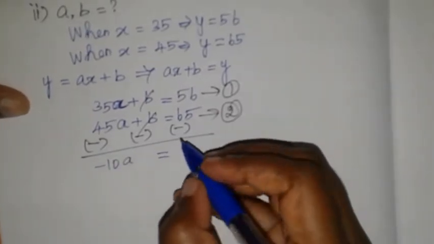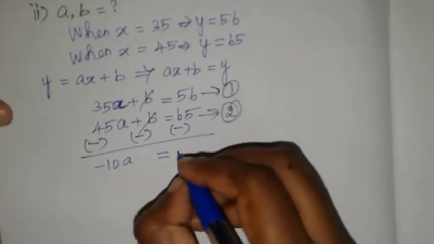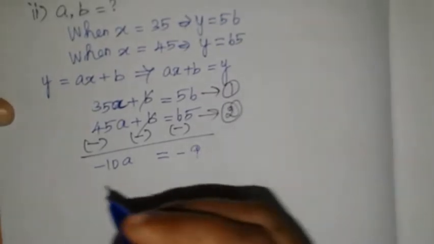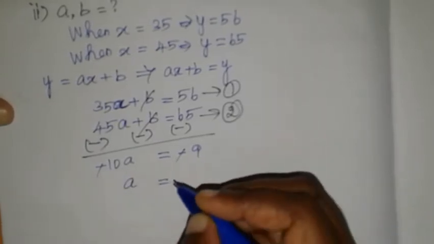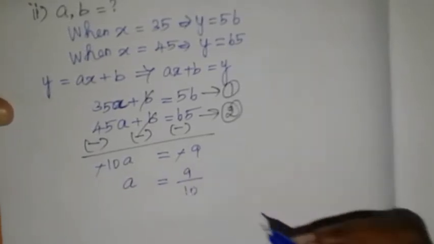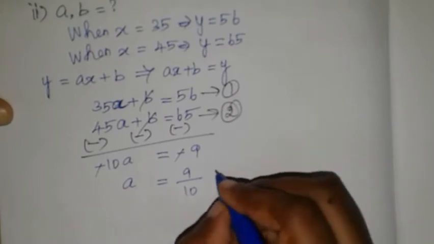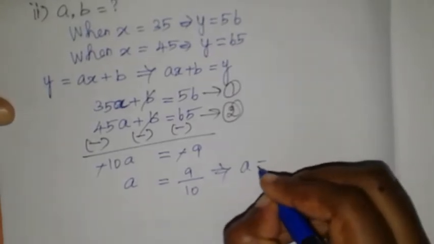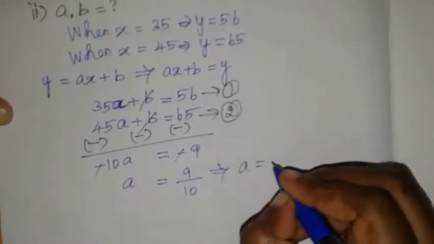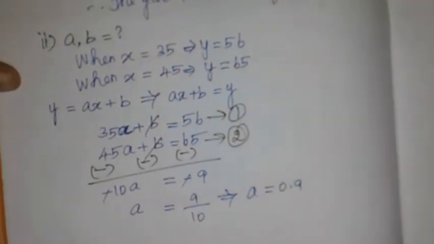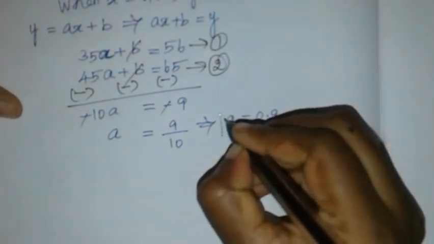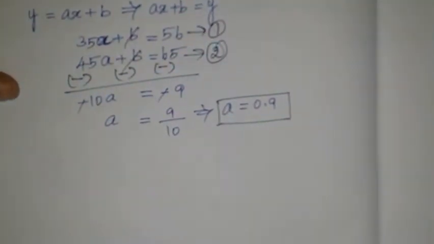This is equal to 56 minus 65, which is minus 9. See here, minus minus cancelling now. a is the only one required. Therefore, a is equal to 9 by 10, which implies a is equal to 0.9 in decimal form. Here is the required a value, 0.9.